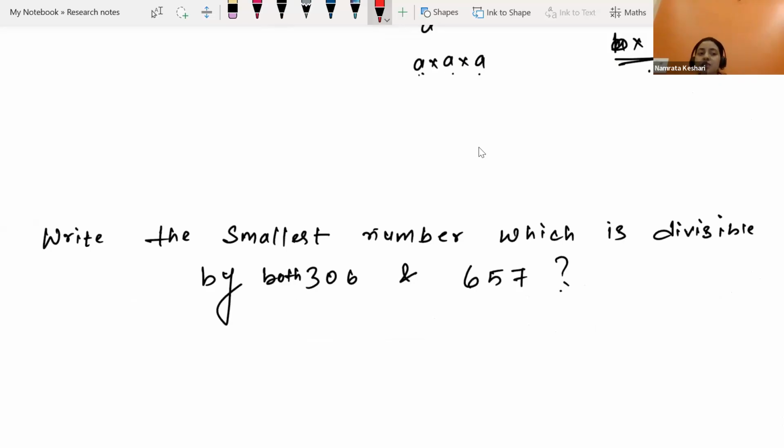Here the question says write the smallest number. Smallest means minimum, the least number, which is divisible. Now divisible means completely divisible, I'm just replacing divisible with completely divisible. That's the meaning of this terminology.